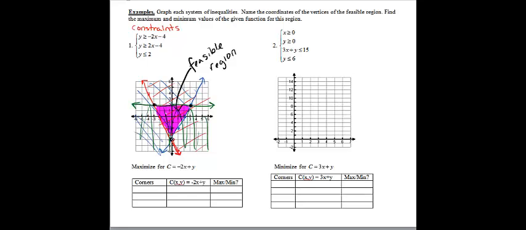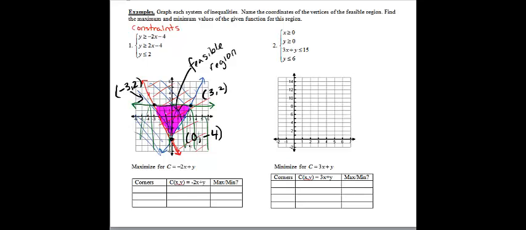Those vertices are located to the right 3 and up 2, to the left 3 and up 2, and then to the right 0 and down 4. Okay, these 3 vertices, based on the vertex principle, are the only possible options for maximizing or minimizing my objective function.